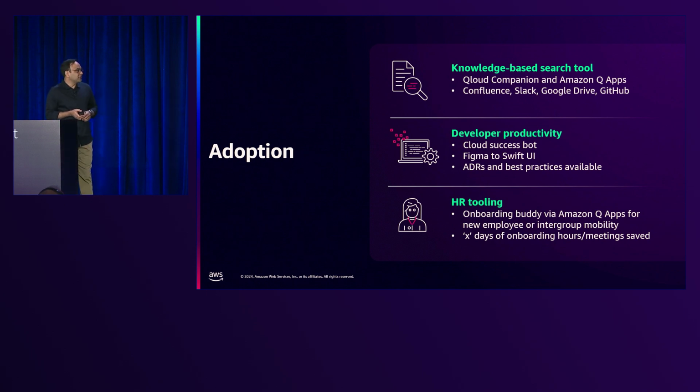Last but not the least, HR tooling. After the success with the engineering teams, the HR team saw the potential here, and they worked with us to build an onboarding buddy, which leverages the Q app.